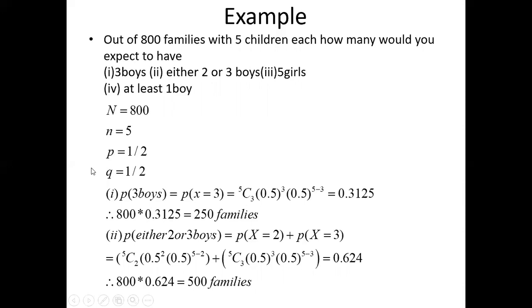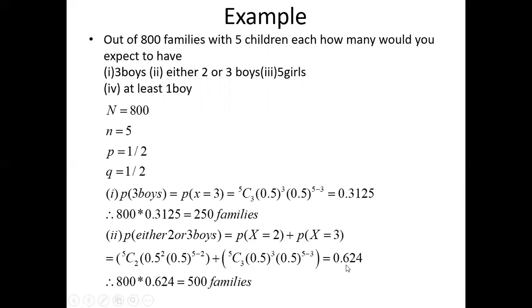Now, the second one is either 2 or 3 boys. So p equals probability of x equals 2 plus probability of x equals 3. Probability of x equals 2 is 5C2, 0.5 whole square into 0.5 whole power 5 minus 2, plus probability of x equals 3, which means 5C3, 0.5 whole cube into 0.5 whole power 5 minus 3.